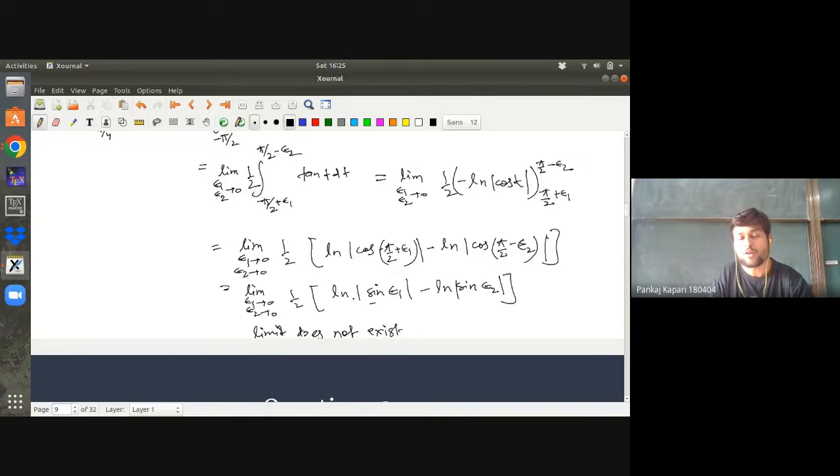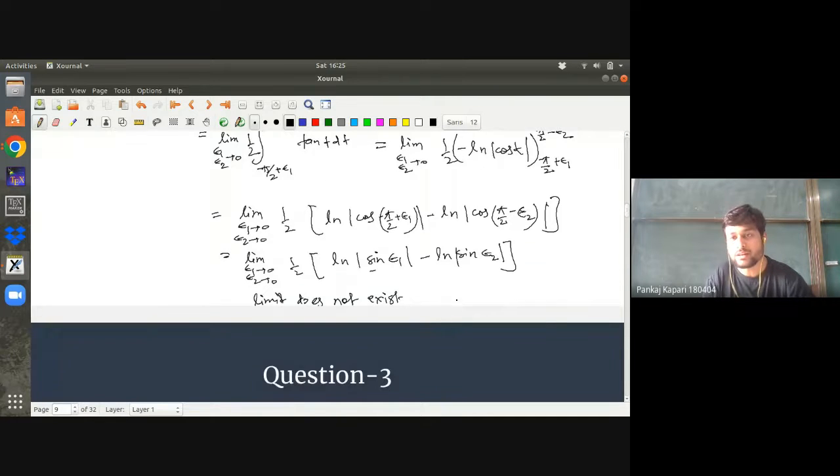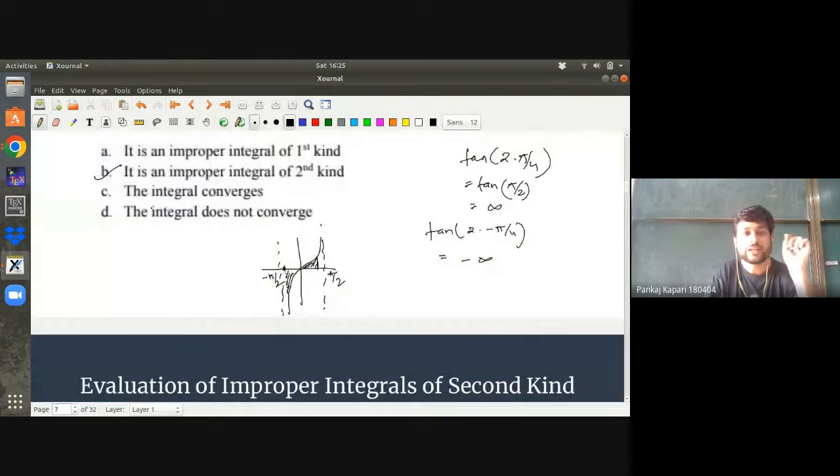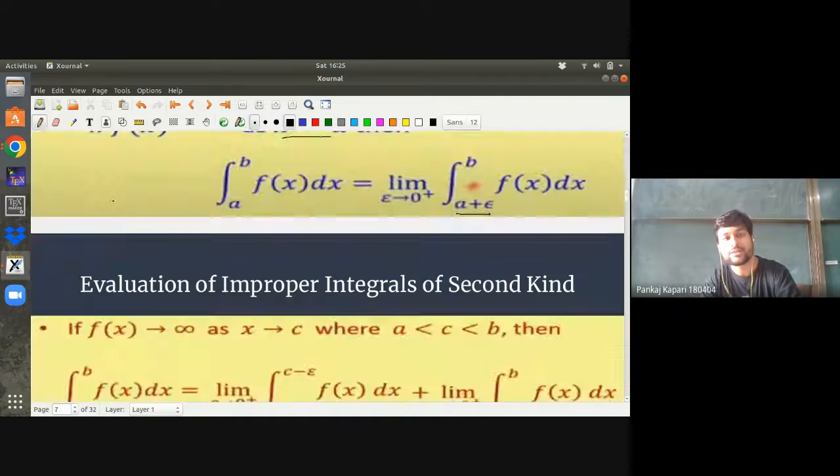The log function is not defined at 0, so it's unbounded. So the limit does not exist, and hence the integral diverges. It does not converge. So here we have one example where the integral does not converge. So we can say that I does not converge. So the B and D answers are correct.